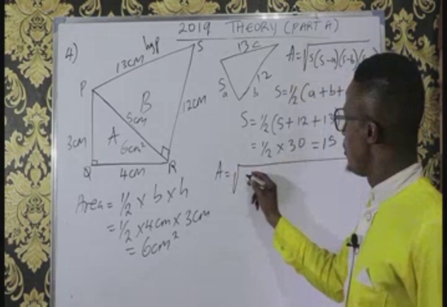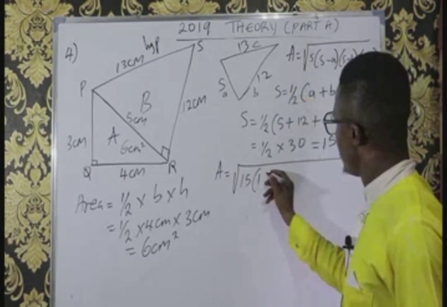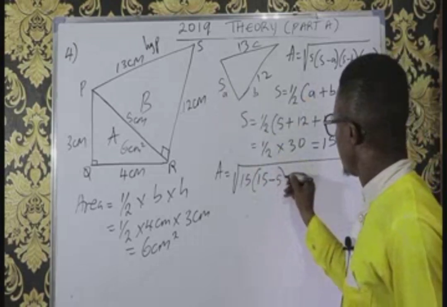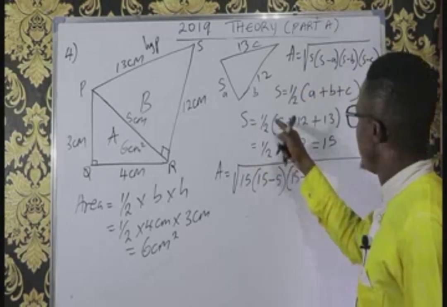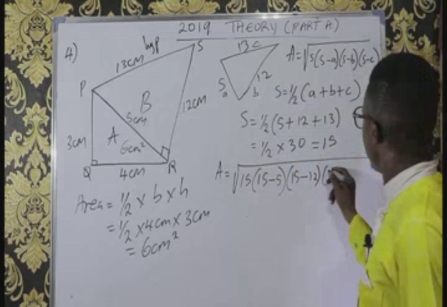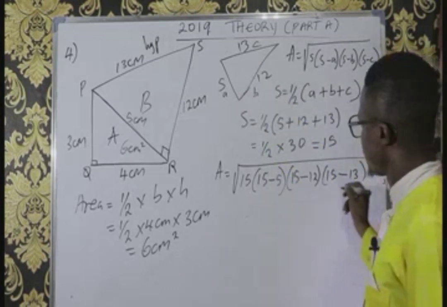Seeing s, I will plug in 15 into s again. I will write 15 minus my a, which is 5. Then s again, I will write 15 minus my b, which is 12. S again, I'll write 15 minus my c, which is 13.